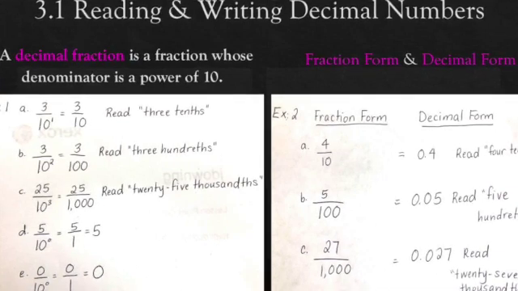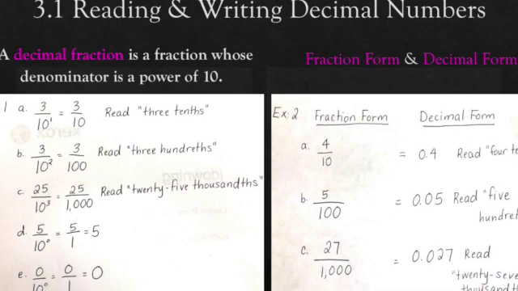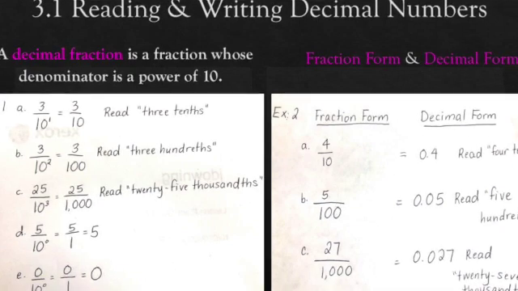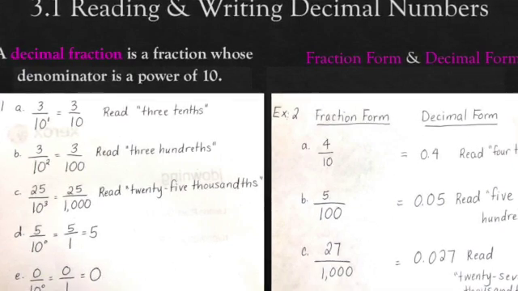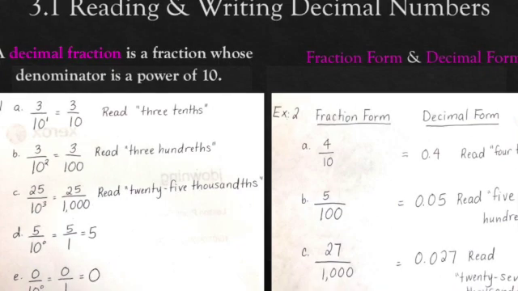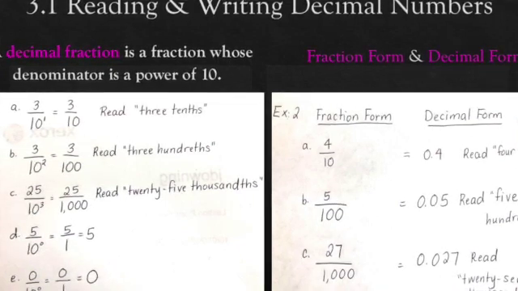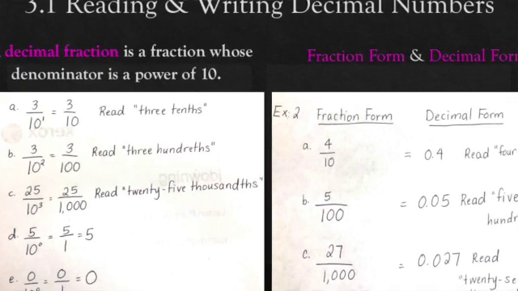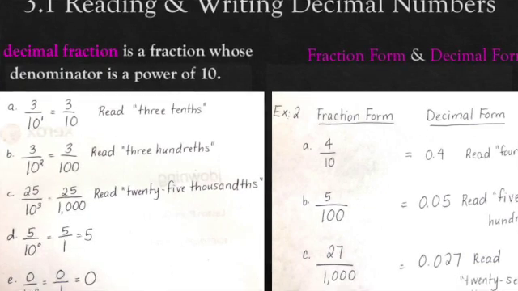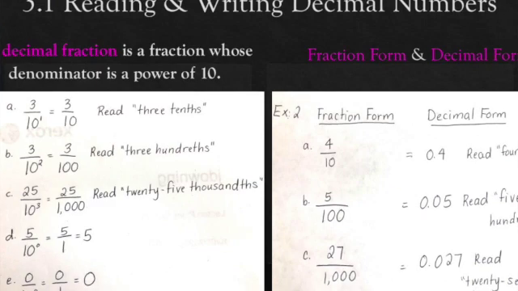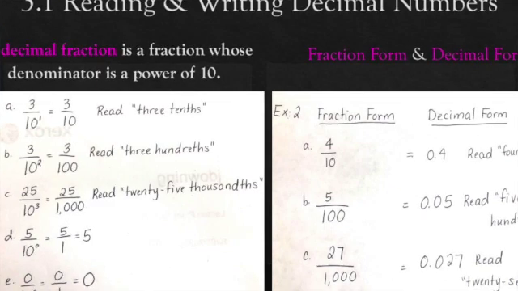Look at letter C. 25 over 10 to the third power. That is the same as 25 over 1,000, which is read as 25 thousandths. Then 5 over 10 to the 0 power. You know that 10 to the 0 power equals 1.